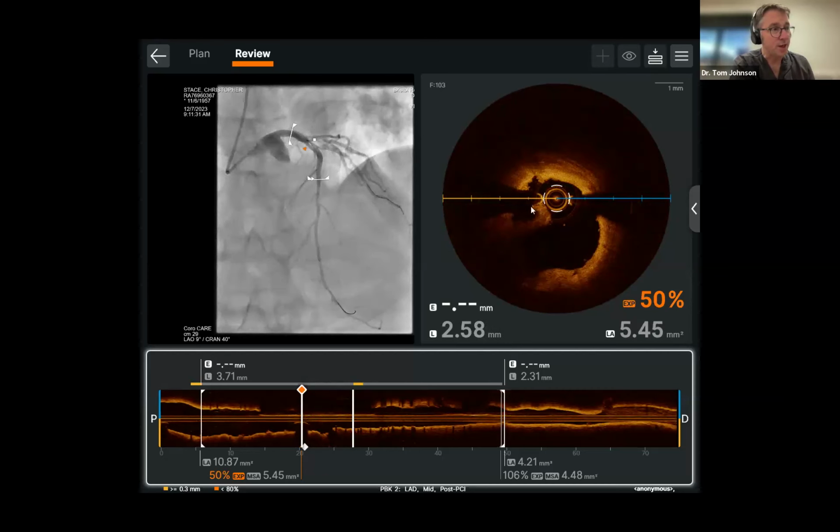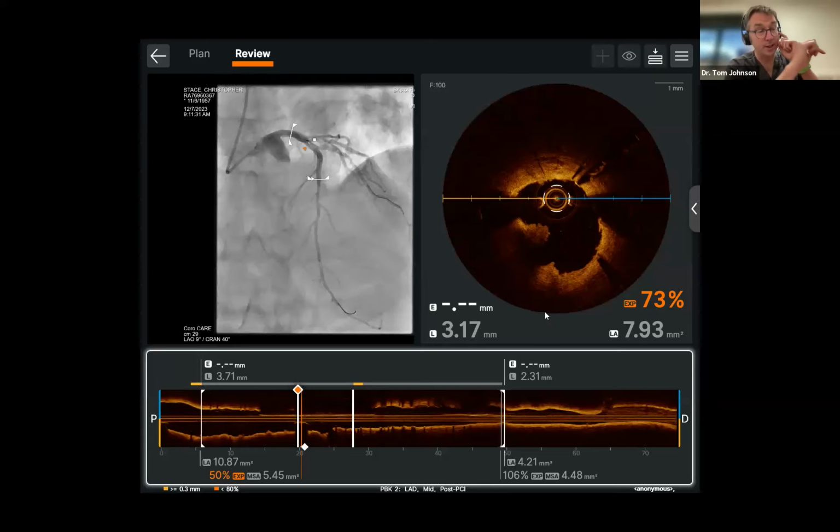But then, most disconcertingly, there's actually quite a lot of material within the lumen. Here we now see material in the vessel. One of the things that Mervat highlighted in our cartoon of stent optimization was awareness of tissue protrusion and thrombus.